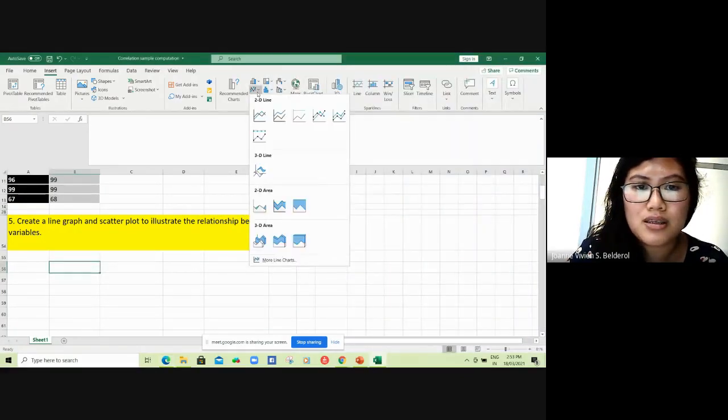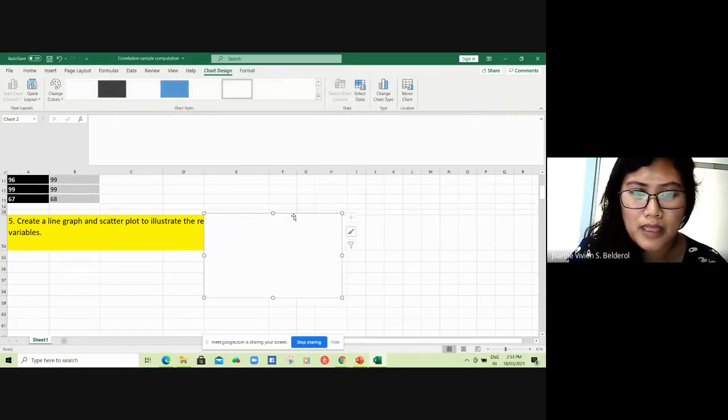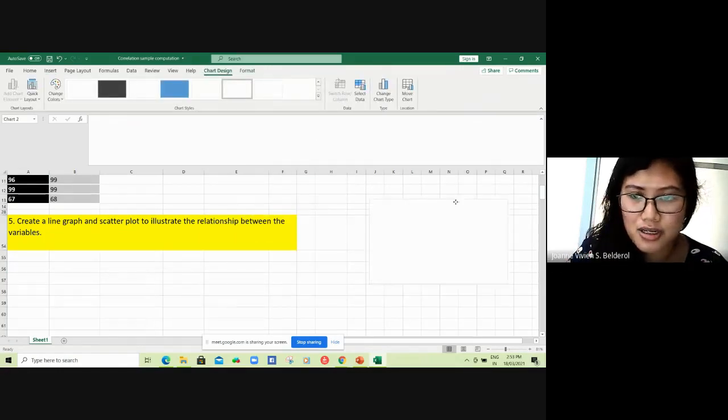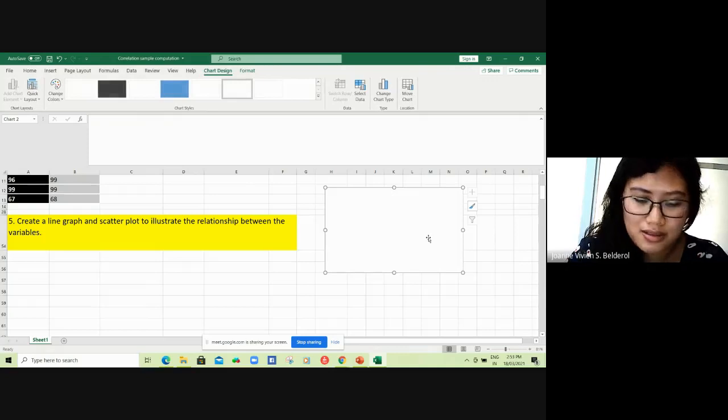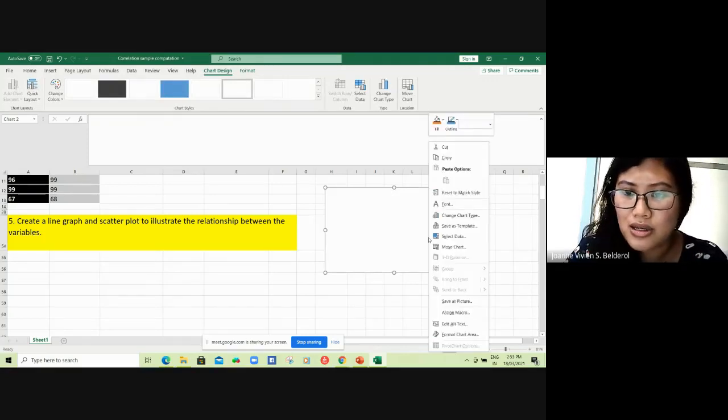So, click this one, line graph, and then line with markers. Then, you click this one, right-click, select data.